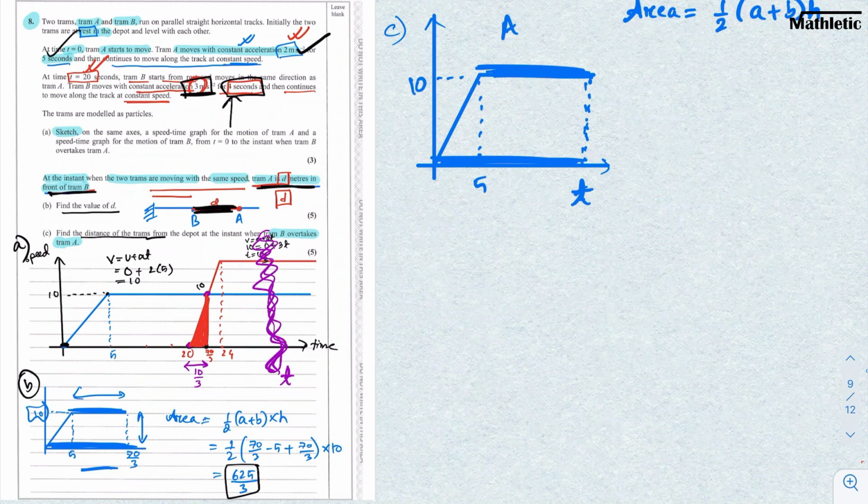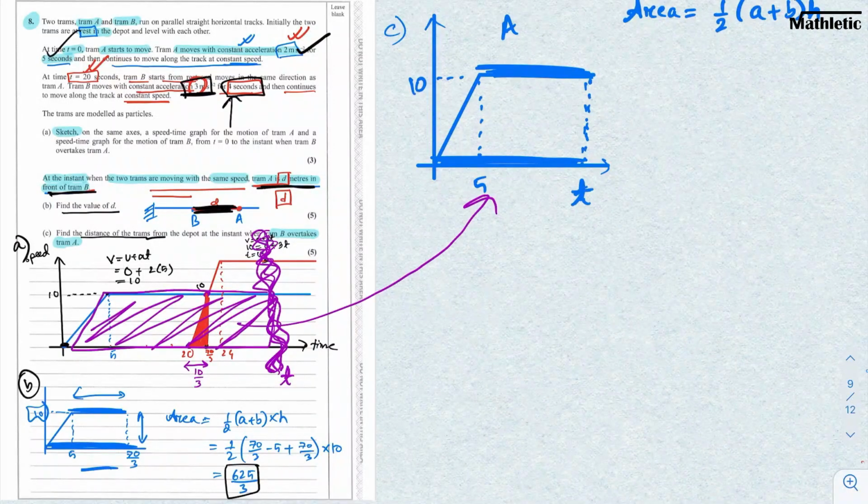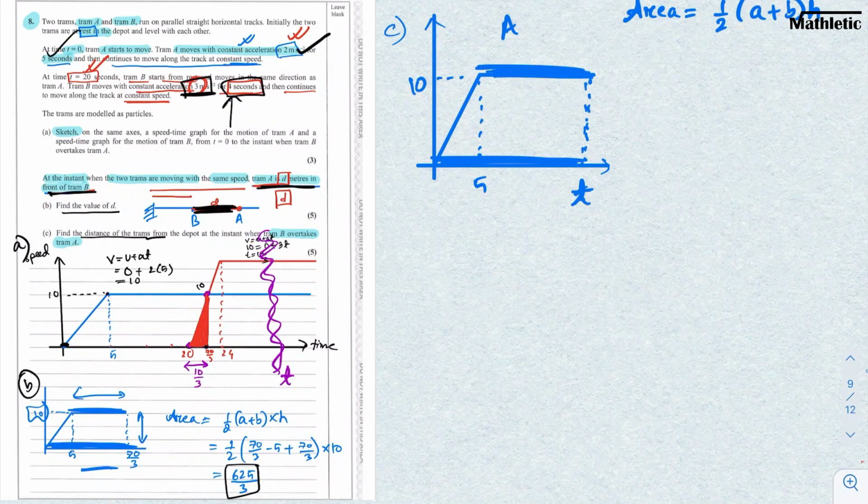So up to this point, if I take the trapezium, that's the situation here. I will use the trapezium formula. Area of the trapezium is half into (A plus B) into H. A is this gap, and that final point is small t, so this gap should be t minus 5.